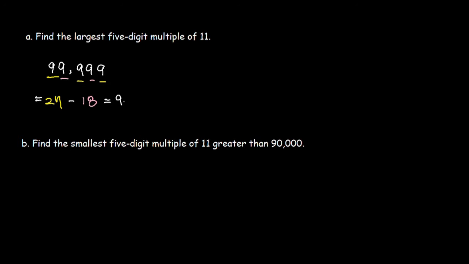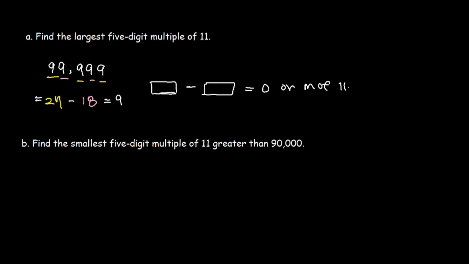Is 9 a multiple of 11? No, it isn't. So we obviously know that 99,999 is not a multiple of 11. But let's take this number into consideration. What we know is that one set of alternating digits minus the other set of alternating digits should either give us a 0 or a multiple of 11.